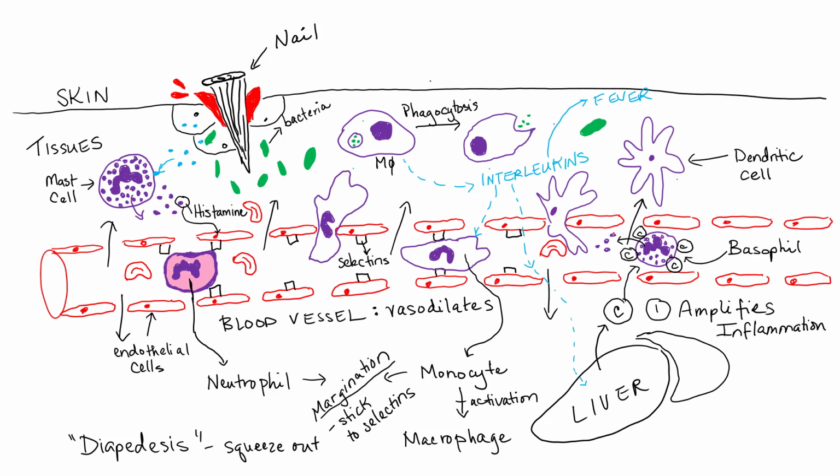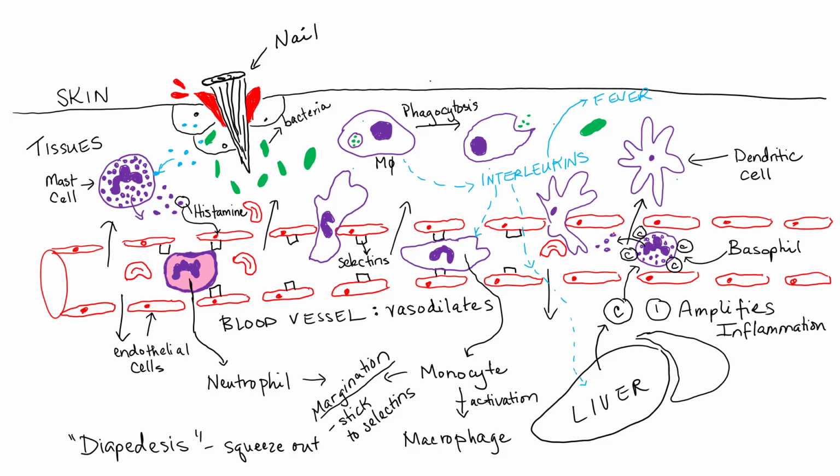We've increased the strength of the signal by having multiple cells ringing the same bell, if that makes sense. So amplifying the inflammatory response is one job of the complement proteins, and they simply do that by binding to the surface of basophils. And when basophils get bound by complement, this triggers a chain reaction inside the cell that tells the cell to activate and to release histamine.